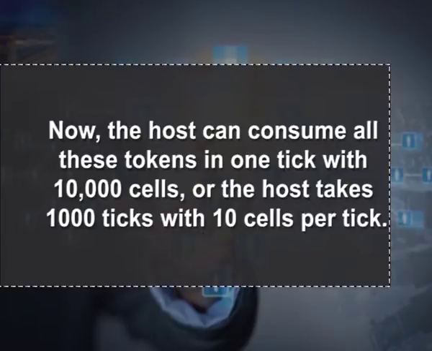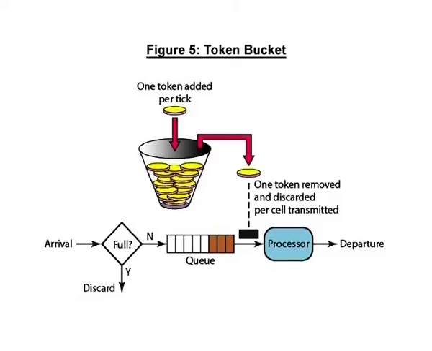Now, the host can consume all these tokens in one tick with 10,000 cells, or the host takes 1000 ticks with 10 cells per tick. In other words, the host can send bursty data as long as the bucket is not empty. The figure shows the idea here.